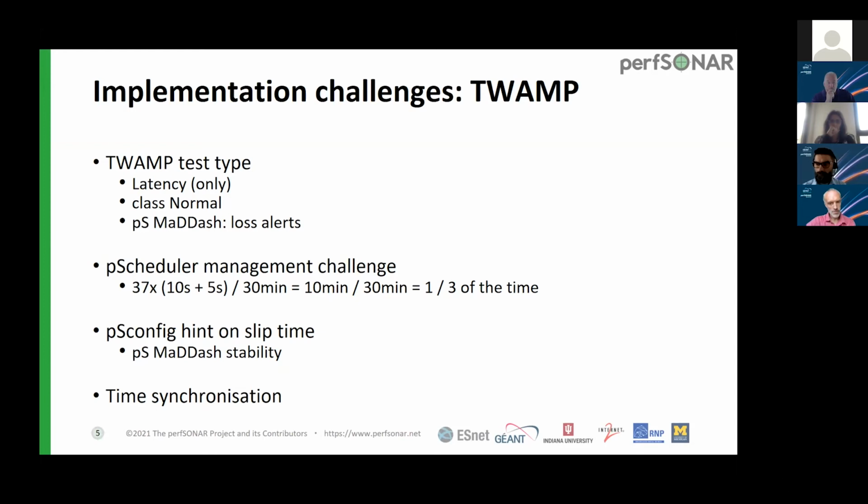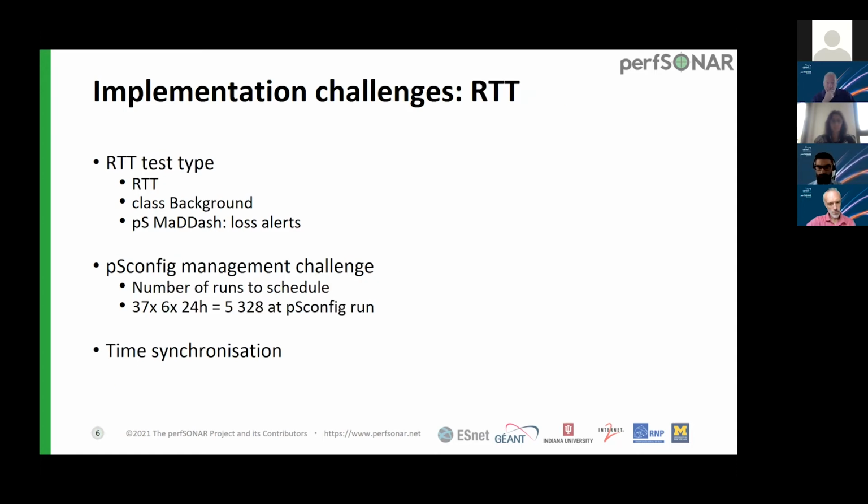Initially, when I created the mesh, these tests would quite often fail because they wouldn't find a slot, because of having a lot of throughput measurements there. The time synchronization, of course, is an issue with this type of measurement, with TWAMP and all the one-way delay measurements. That is something expected, but I just wanted to mention it.